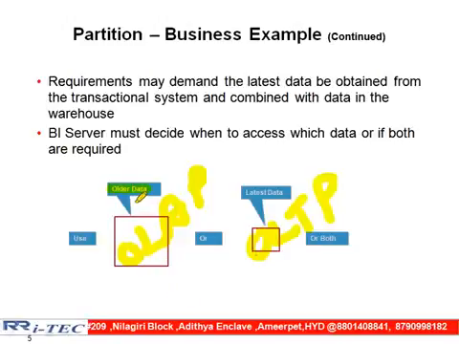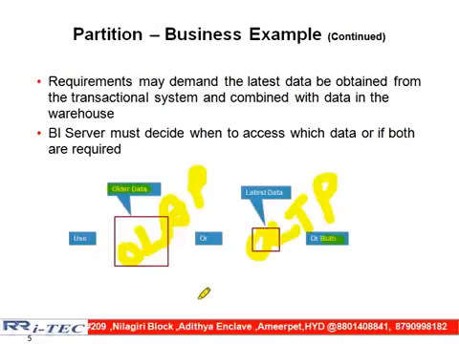Now, older data is nothing but OLAP, and latest data is nothing but OLTP. Suppose my report is asking only for historical data, then I need to execute my report against OLAP. If my report expects only the latest data, I need to execute against OLTP. And if my report expects both, older data plus current data, then I need to execute from both.